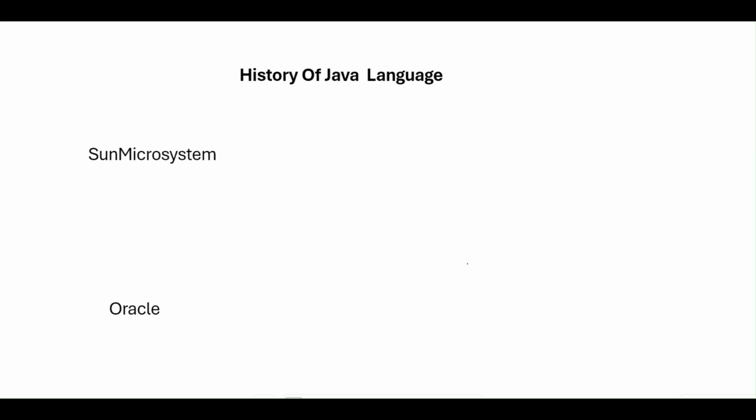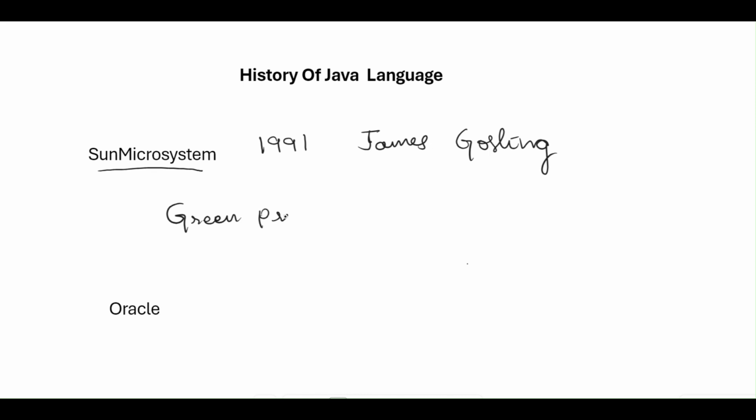The next concept is the history of Java. The Java language was developed by Sun Microsystems during 1991, and the project was led by James Gosling. Initially, the project was named the Green Project and the language was named Green Talk.